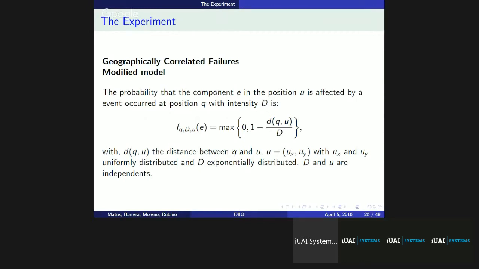The name of the physical model is geographic correlated failures model, and we modify the model and include the variable D with the intensity of the earthquake. That's the second column in your table.